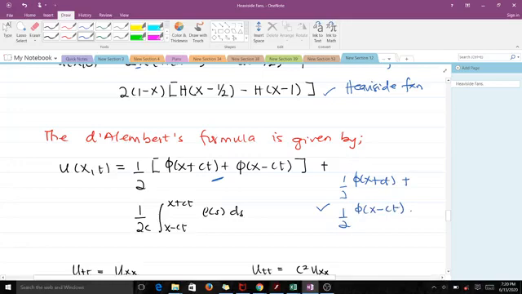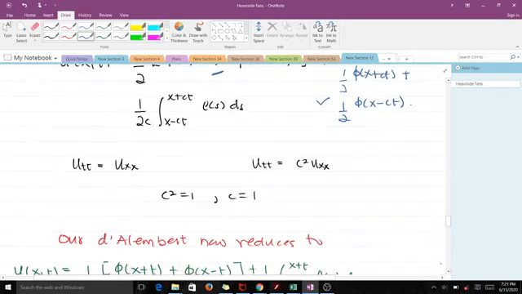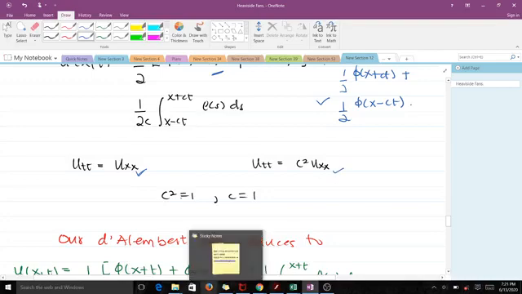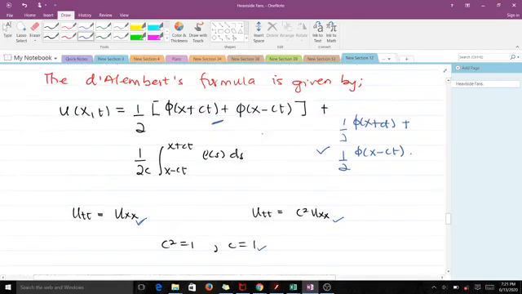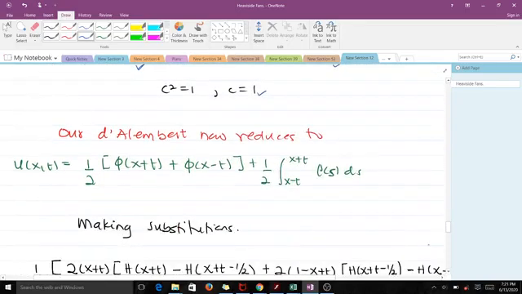The wave equation given to us in this question was of this form, and comparing that to the general form of the wave equation, we can see that c squared is equal to 1, meaning c is 1. So when we put c equals 1 into the D'Alembert formula here, it is going to reduce to what we can see here.